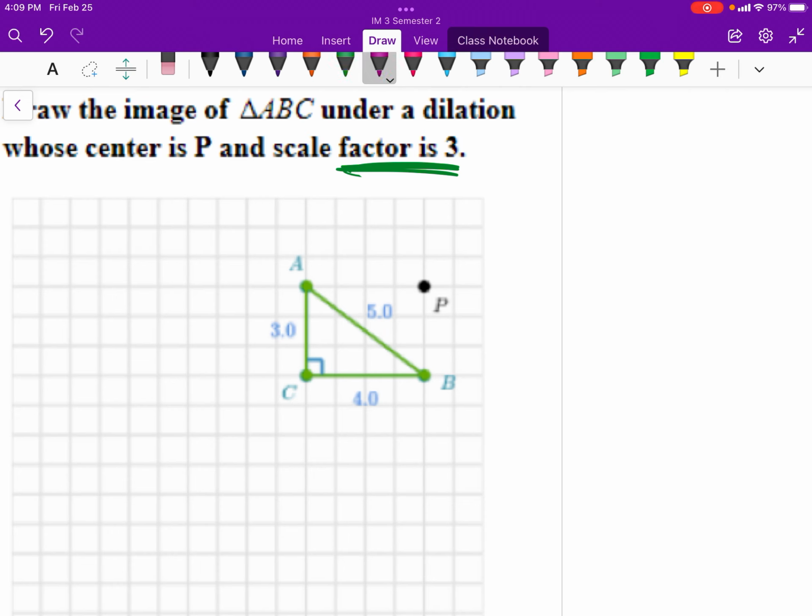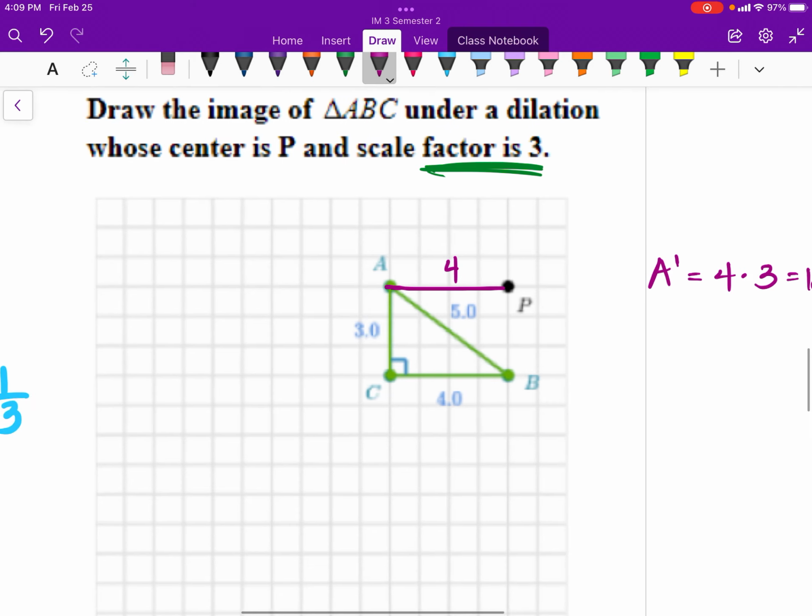For example, A to P is 4 units. So my new point, A prime, should be 3 times as big as this amount. So A prime would be 4 times my scale factor, which is 12. So it should be 12 units long.